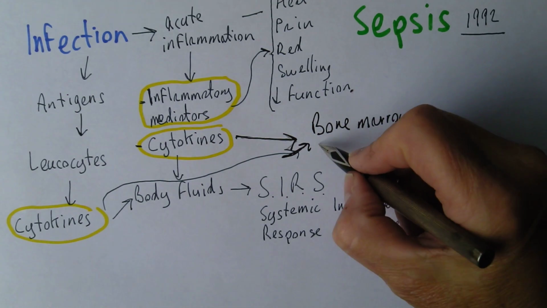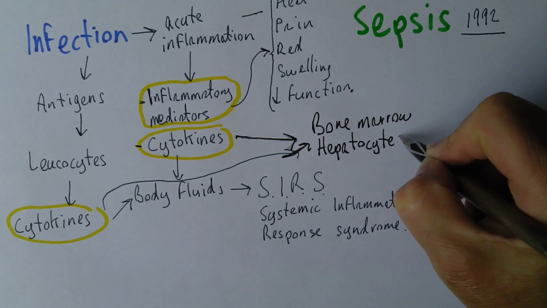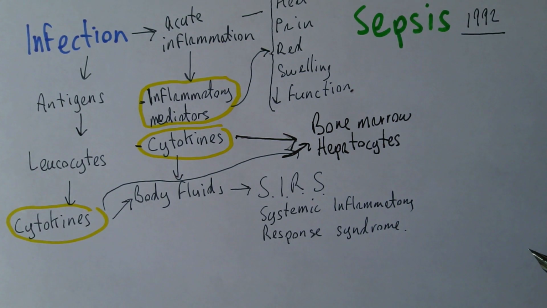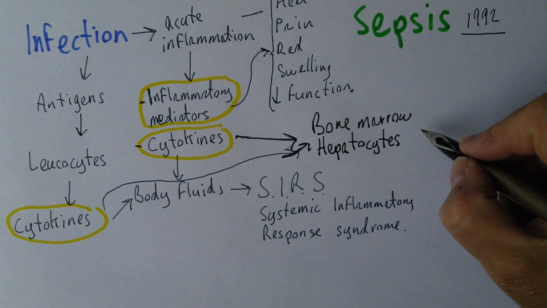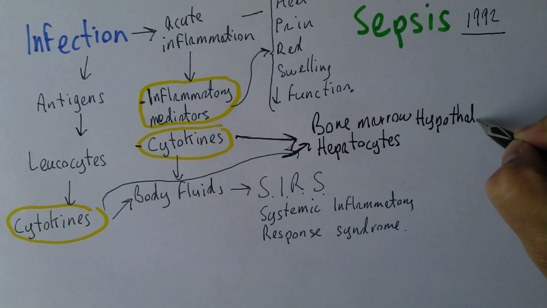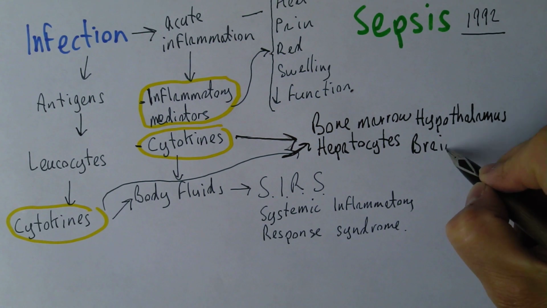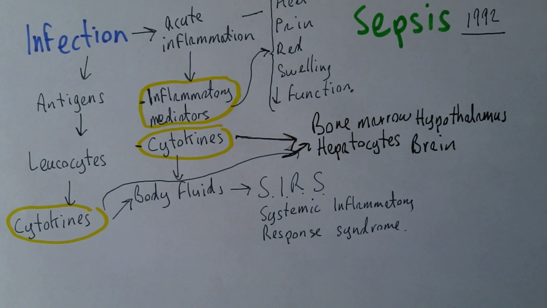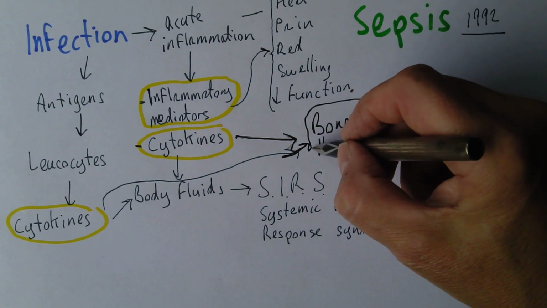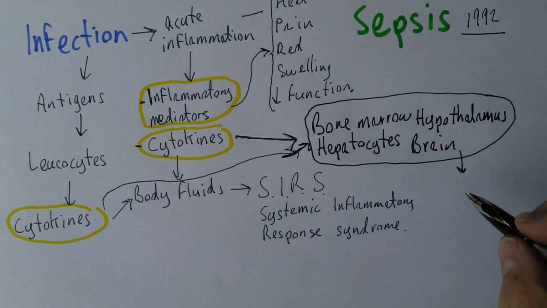They'll also affect the hepatocytes, the cells in the liver. They'll also affect the hypothalamus in the brain. And they'll also affect the upper parts of the brain itself. And we'll see also that these cytokine effects will increase the energy demand of the body.